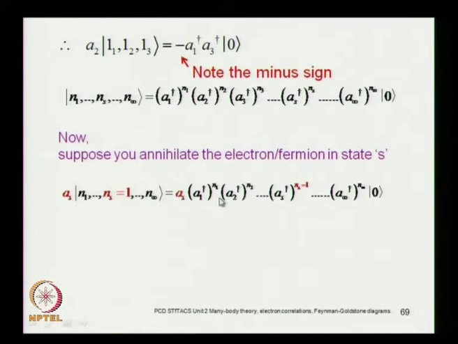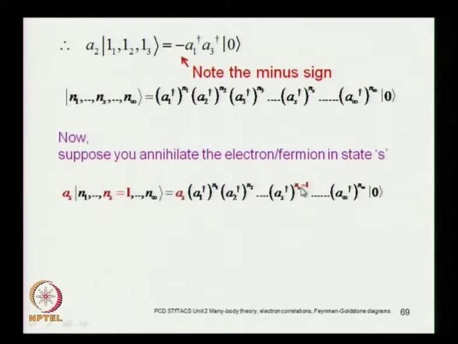And how do you get this occupation number state? By operating by A_1 dagger n_1 times, where n_1 may be either 0 or 1, that depends on whether A_1 is occupied or not, right. And then it will have the creation operator for the Sth state operating one time, okay, because only then you will get N_S equal to 1, not otherwise.